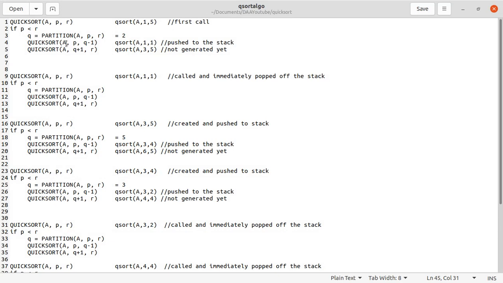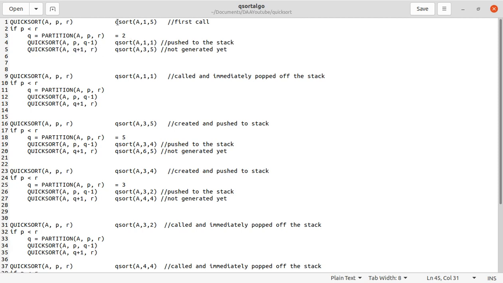Now here you see there will be two calls, that is qsort A1 q minus 1, which is 2 minus 1. So qsort A11, and it is pushed to the stack. This will not be generated right now.